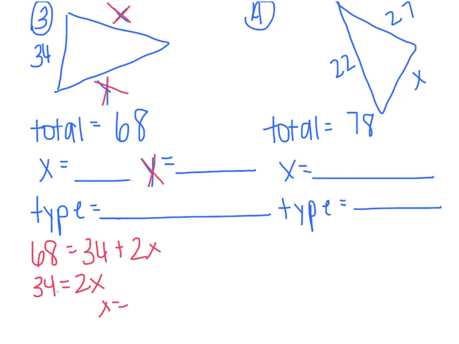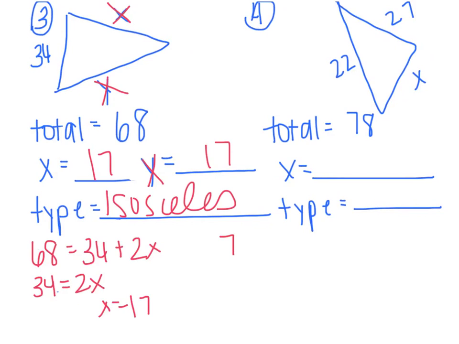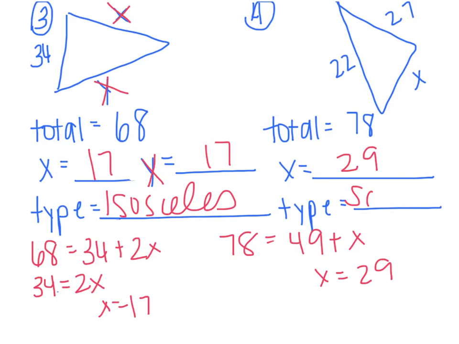We'll divide by 2. So each side has to equal 17. So if we have 2 congruent sides, this is isosceles. And let's look at the last one. We have 78 equals 22 plus 27, which is 49, plus x. 78 minus 49 is 29. And if you look, none of them are the same, so this is scalene.